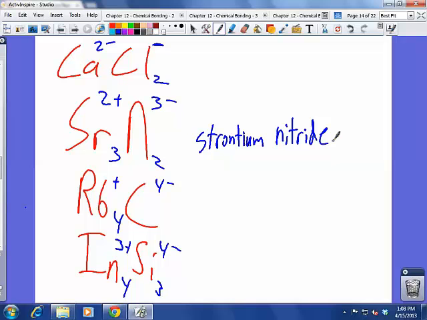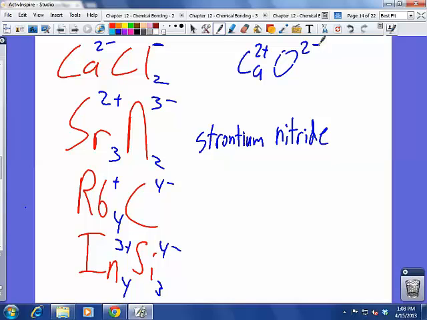Now the only time you have to be careful about this is if you have something like calcium oxide. What charge would you expect on calcium? +2. What about oxygen? -2, right? So if you flip these here, you get a 2 and a 2. But really it's a 1-to-1 ratio. So you just have to be careful to get the lowest number you can.